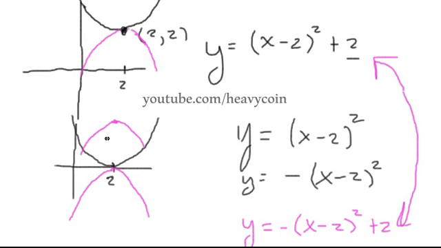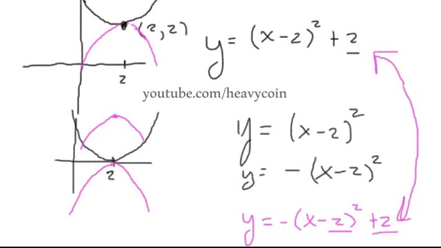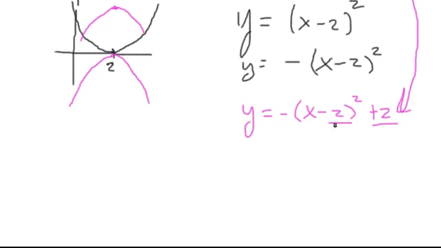So the idea is we want to be able to reflect and take that vertex. All we're doing is taking the vertex and moving it around. So if you haven't realized yet, these two numbers right here are the key to finding the vertex.